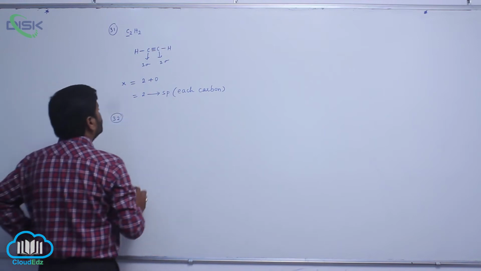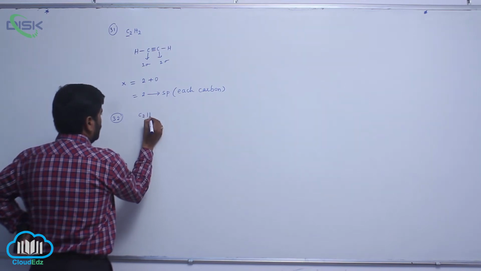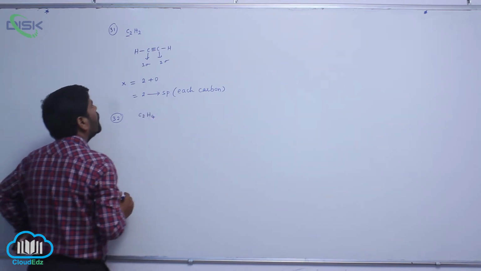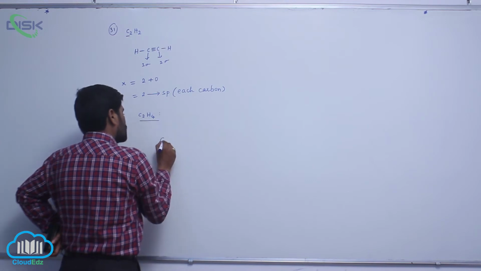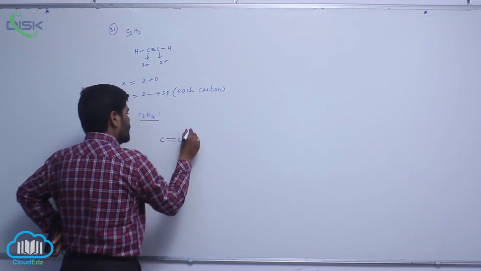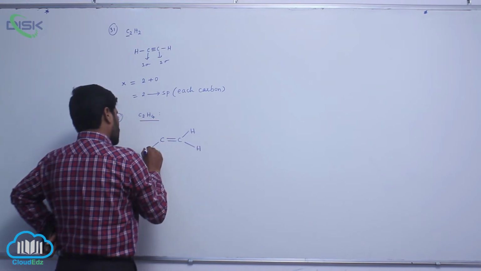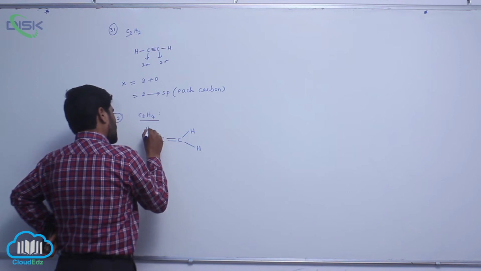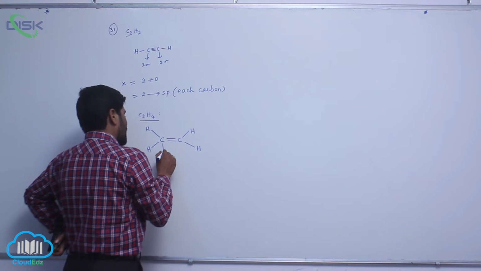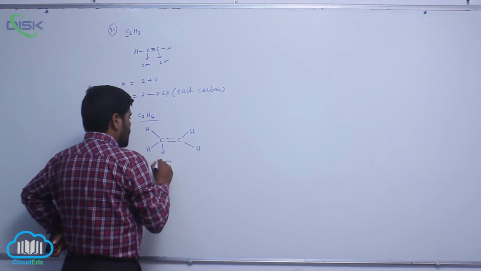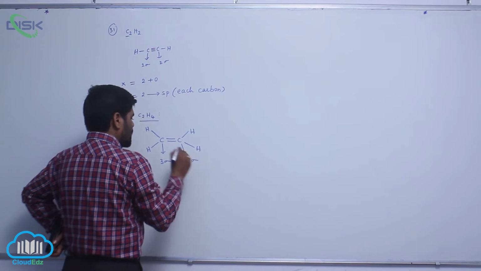Coming to the 32, then C2H4 molecule, C double bond C, hydrogen, then here is hydrogen. So this carbon contains 3 sigma bonds, this carbon contains 3 sigma bonds.